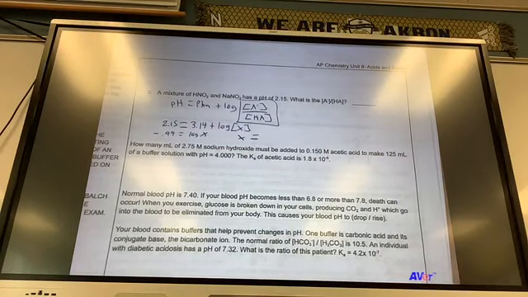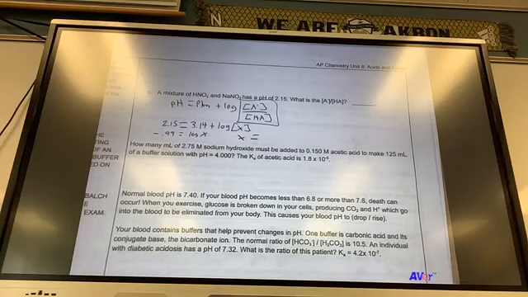What'd you guys get? You gotta unlog it. That's not what I had. I had 0.102.